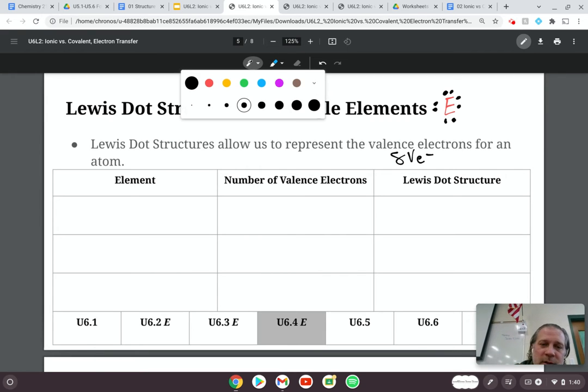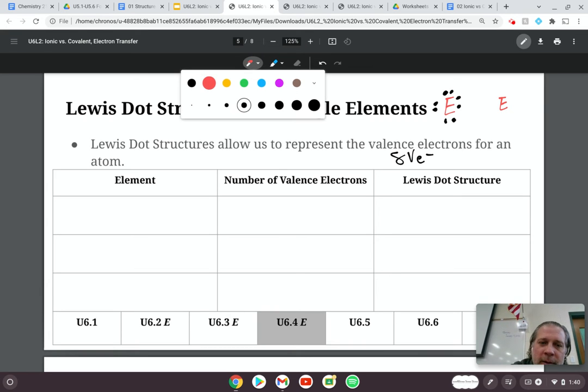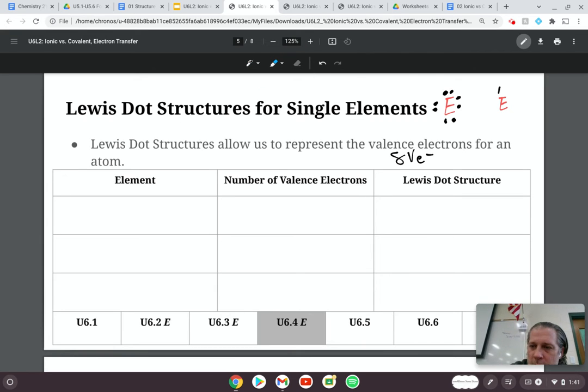Some textbooks or some teachers show you this pattern by going 1, 2, 3, 4, 5, 6, 7, 8. And actually, to be honest, the order in which you do them is not really important to me, as long as you don't double up electrons until each of the 4 sides of the element symbol has had at least one. And we'll go through a couple of examples like that in a minute.